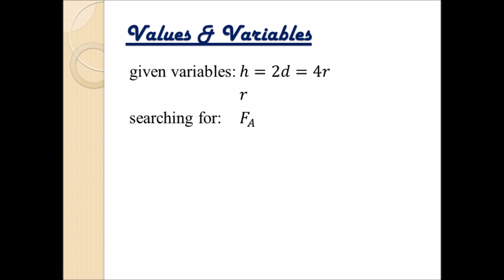And we are searching for the force in point A, the lowest point, and point B, the highest point of the loop. And in addition, we are looking for the height h in case that the sum of all forces in point B, FB, equals 0.